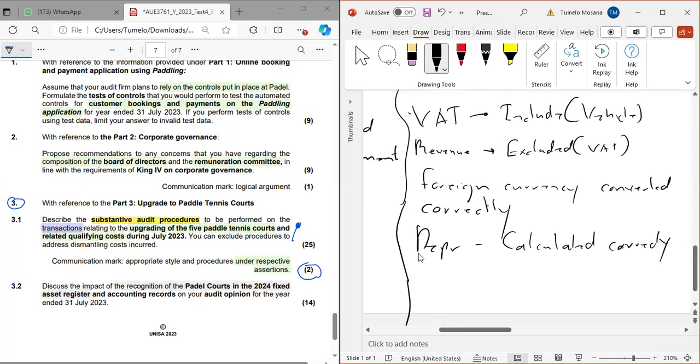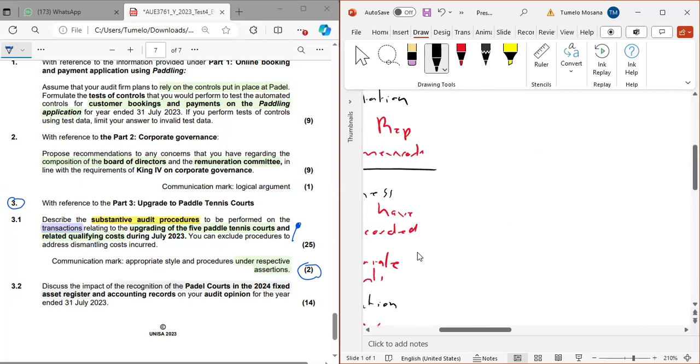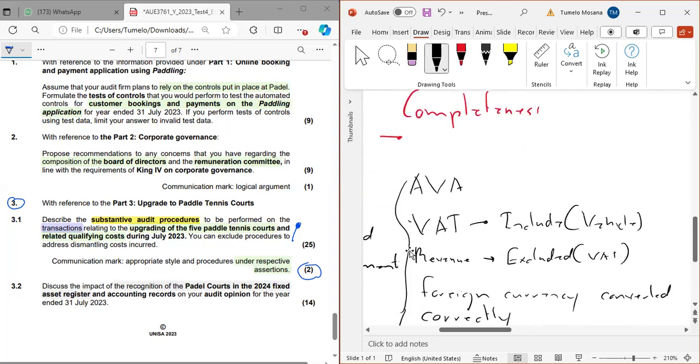But besides that, there are always general substantive procedures, such as obtaining a signed management representation letter with reference to the specific scenario. If you're given balances, you would always agree the opening balances to the prior year, and there will always be recalculations of totals.